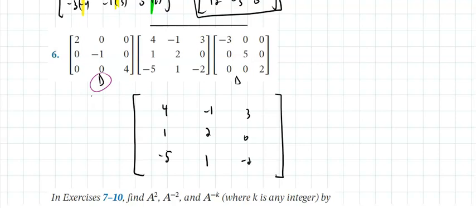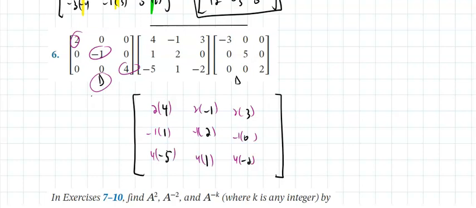So this 2 right here is going to end up multiplying each row by 2, and the 4 will end up multiplying the second row, and the 3 the third. So these multiply the rows.